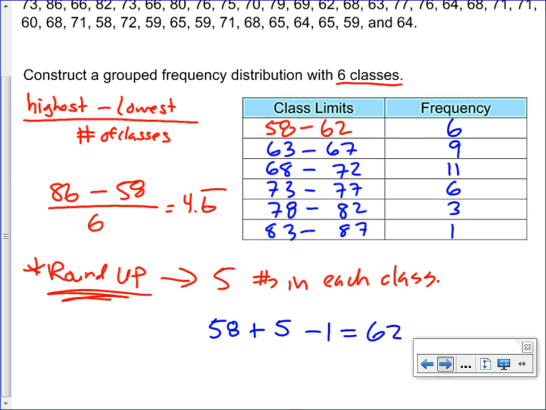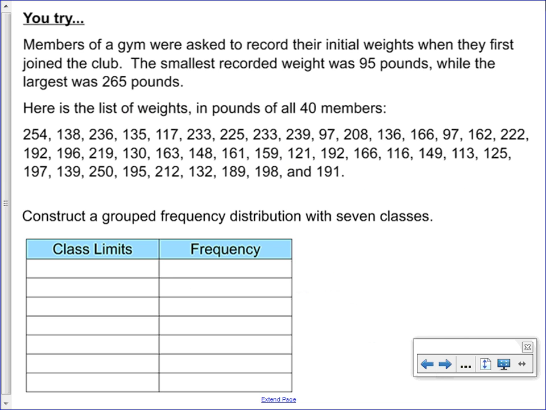Alright, let's do it again. Let's try a different size class this time. Oh, by the way, change that top number from 95 to 97. It's 7 classes.